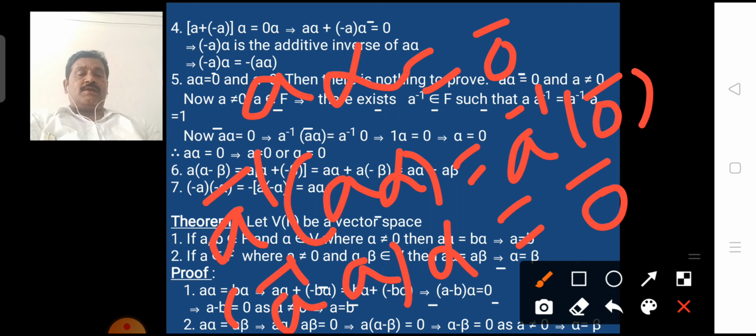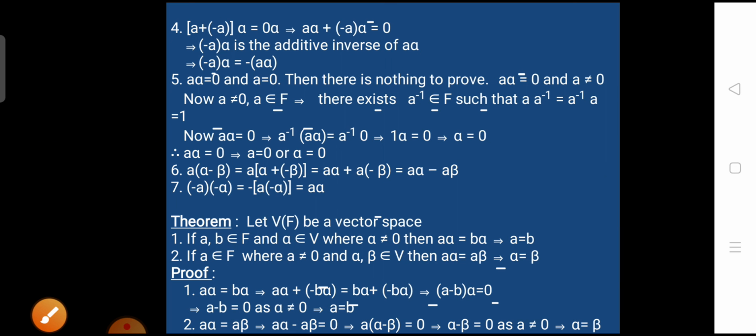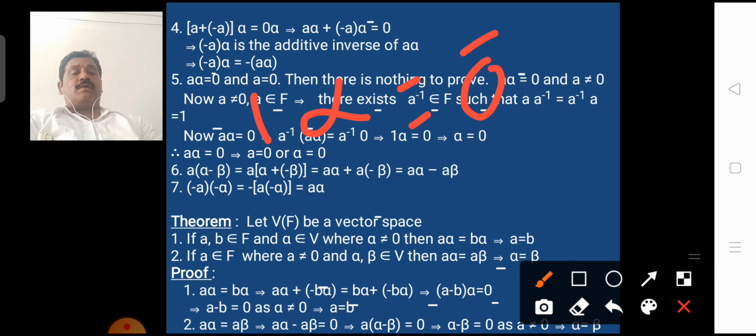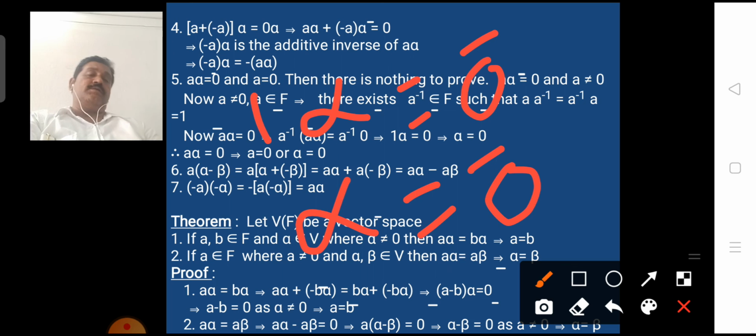So A inverse into A equal to 1, 1 into alpha equal to 0 bar, one into alpha equal to alpha equal to 0 bar. So if A equal to 0, there is nothing to prove. If A not equal to 0, we prove alpha equal to 0 bar.